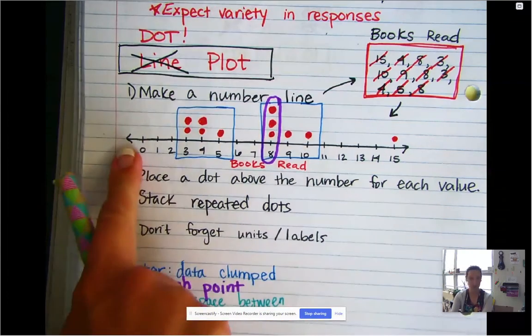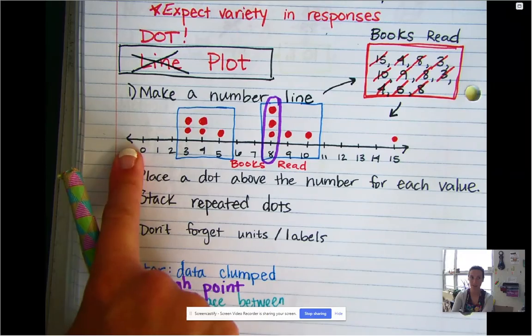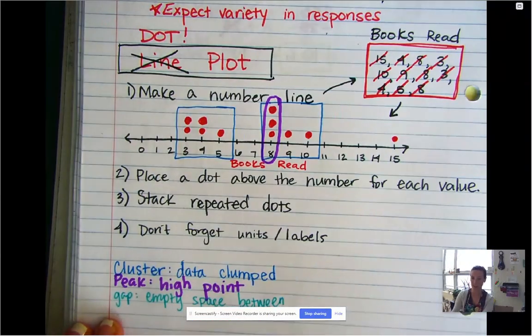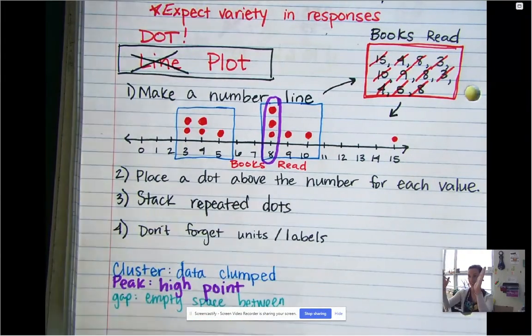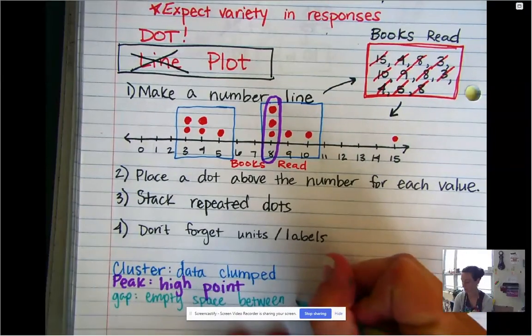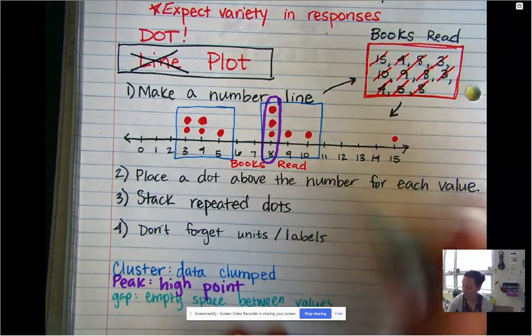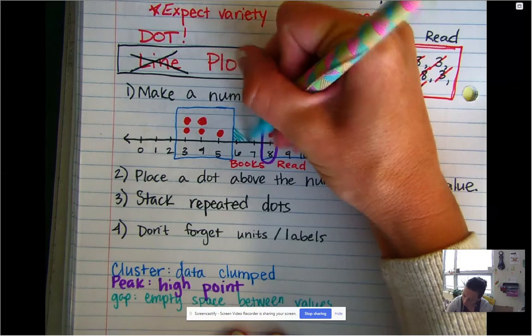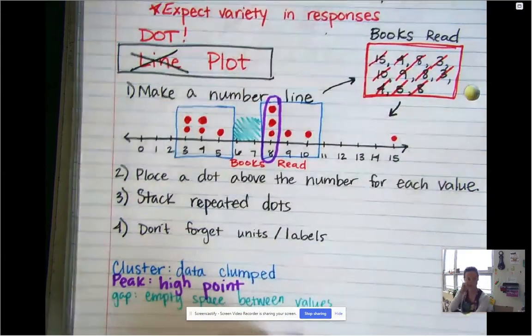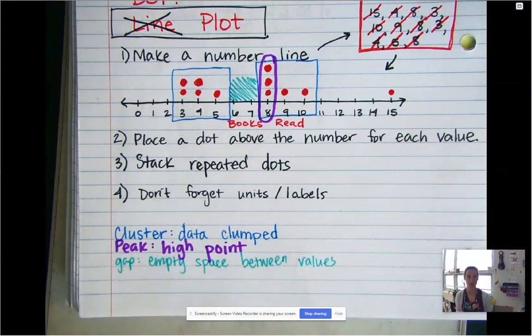So 0 is not a gap because there's nothing on the other side of 0. So it's kind of like it's a valley. It has to be between 2 things. So right here, this would be a gap. And hopefully you paid attention to the color coding so you know what each thing means.